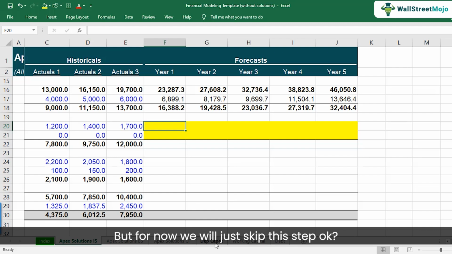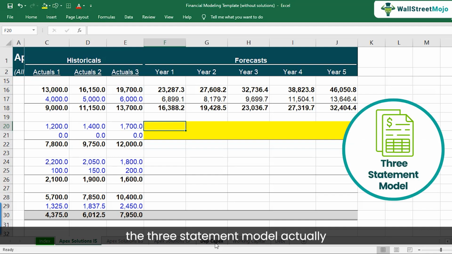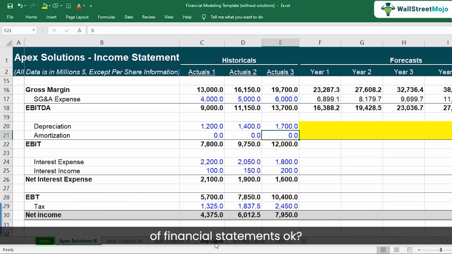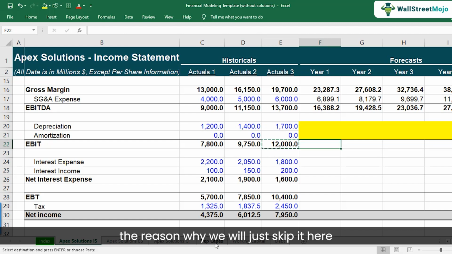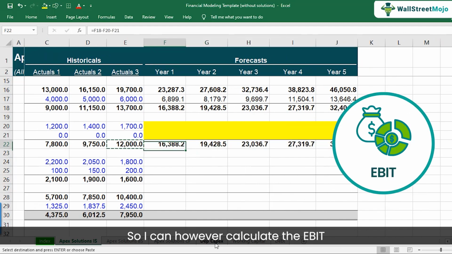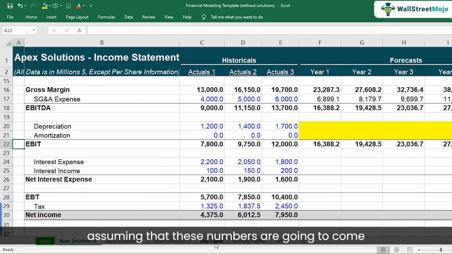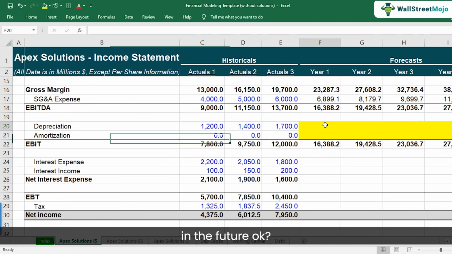But for now, we will just skip this step. The idea is not to complete the full income statement right away, because as I said, the 3-statement model is actually a to and fro between different sets of financial statements. So that's the reason why we will just skip it here as of now. I can, however, calculate the EBIT, assuming that these numbers are going to come in the future.